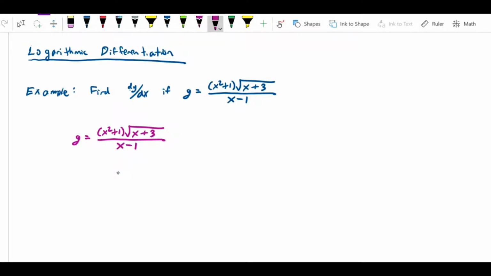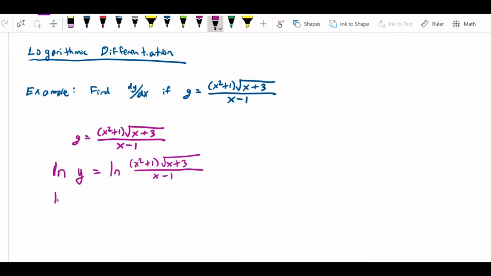So this is just an application of the algebraic principle that anything I do to the left I can do to the right. So I'm going to take ln of y is equal to ln of (x squared plus 1) times the square root of (x plus 3) over (x minus 1).